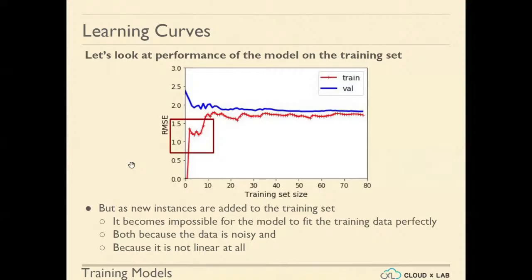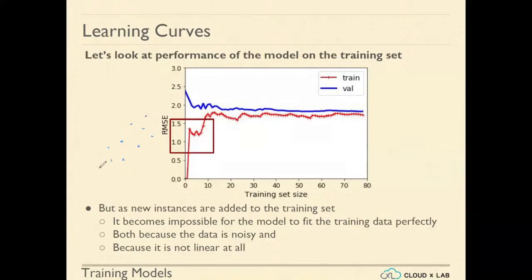But as you add more and more data points to the training set, it becomes impossible for the model to fit the training data perfectly. Let's say you add more points. Now a linear model cannot perfectly fit all these data points.